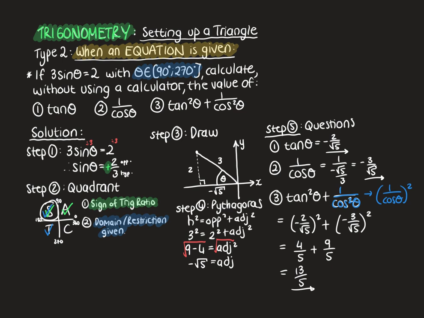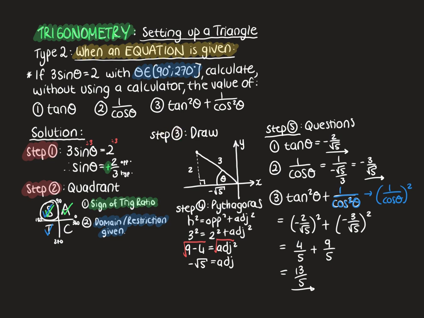Let's just run through a quick summary. Step 1, simplify your trig ratio into a trig function equaling a fraction or a decimal. Step 2, working out your quadrants. The two things we take into consideration are the sign of your trig ratio as well as the domain or restriction given in the question.